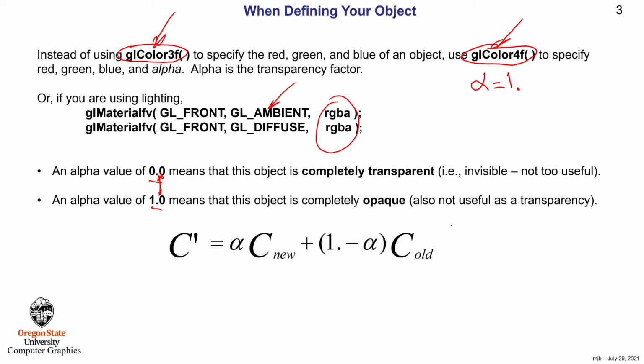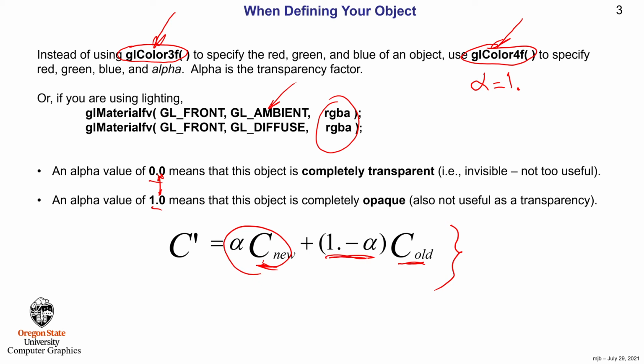This is the alpha blending equation. And so you take the existing color, the old color, and you blend it with the new color using alpha and 1 minus alpha. And so I sort of think of this as like a dial where you are cranking up the alpha, which means you're getting more and more of the new color, you're getting less and less of the old color.